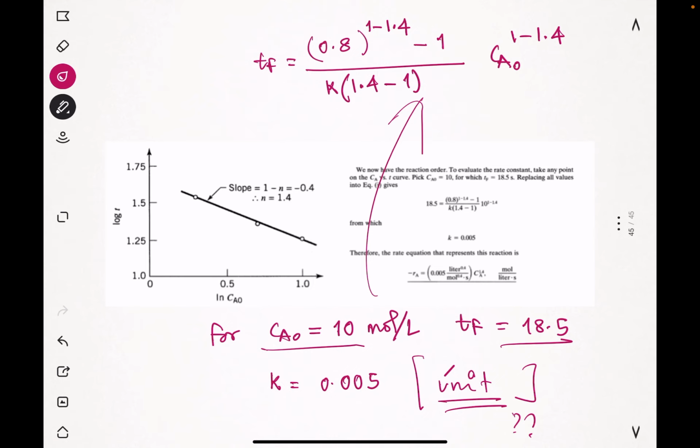So we figured out the order of the reaction, and also we figured out the value of k. So let's write down the rate expression. Our rate expression is something like this, and here n equals 1.4.